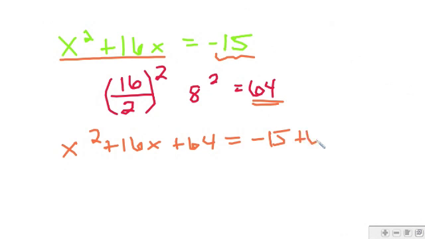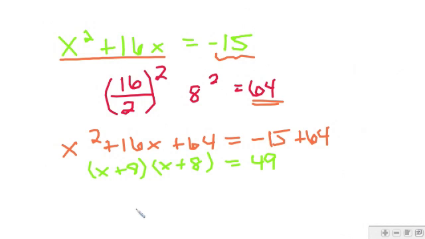So I'm going to also add 64 to this side as well, which allows me to factor this into a binomial, and I'm going to get x plus 8 squared equals negative 15 plus 64 gives me 49.